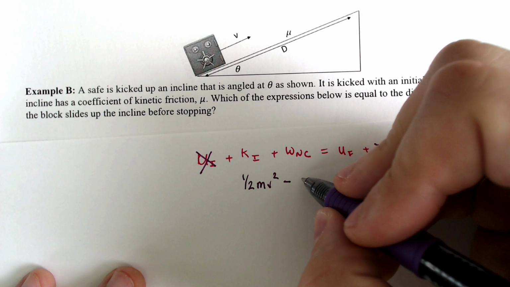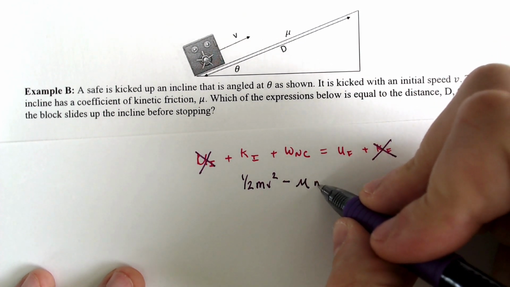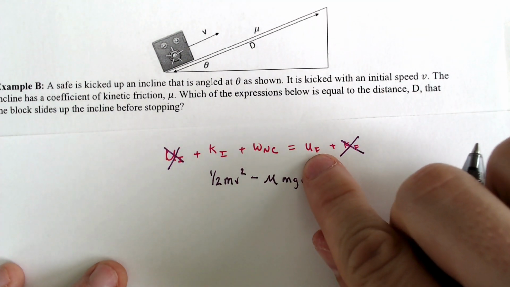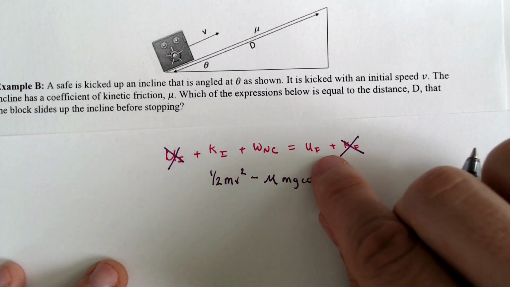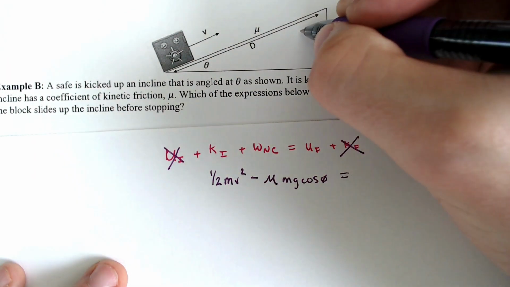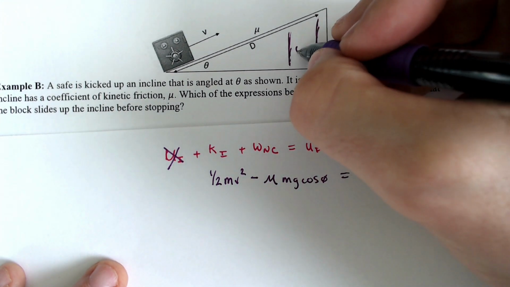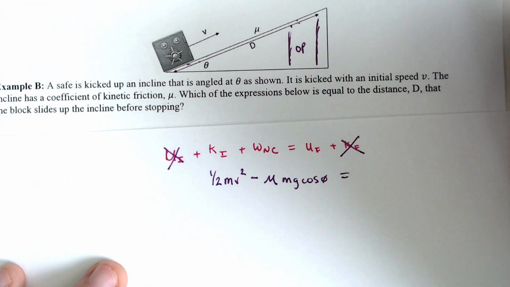We also know that the work done by friction would be the coefficient of friction times mg cosine theta, and that would equal the final potential energy, which is going to be, if we think about it, like maybe it goes this high, maybe it goes this high. No matter what, it's going to be the opposite, and we need to relate it to the diagonal.